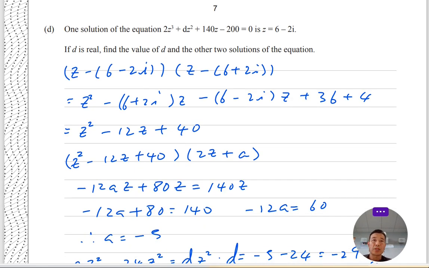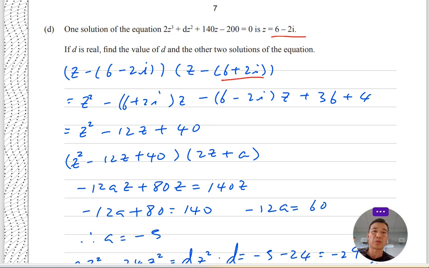One solution of the equation is such: if d is real, find the value of d and the other two solutions of the equation. So this is like a pattern. Each year you find this question, right? Because one solution is 6 minus 2i, the other must be the conjugate, isn't it?